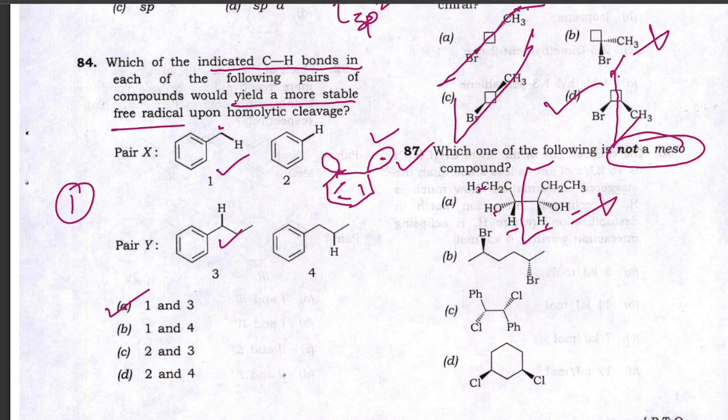We know that as per the priority, this is A, B, C, and hydrogen is on the rear side, so A, B, C is rotating clockwise, so that is R. Now this is A, B, C, with the hydrogen upside, so the least priority group being upside, it will be opposite. So this is rotating clockwise, but it will be S.